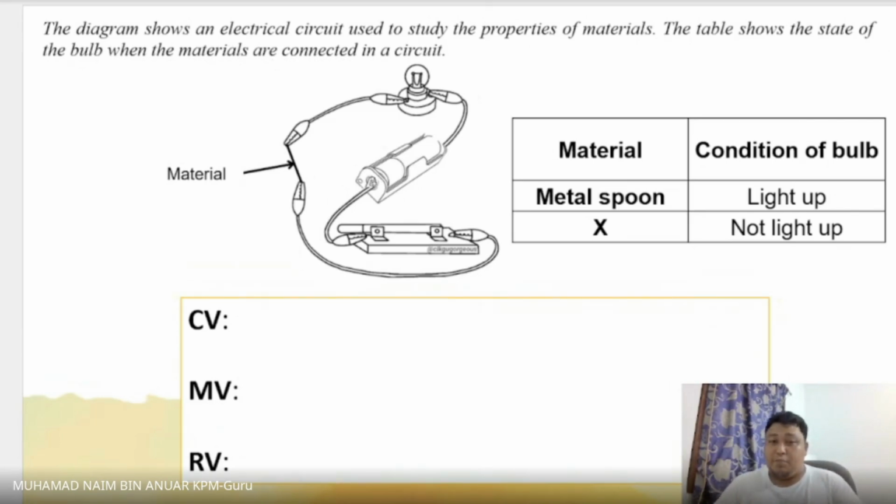Read the question properly. Don't be the first one. This time, read. Look at the keywords. Look at the experiment. What does the experiment want? MV, yes, cool cat.